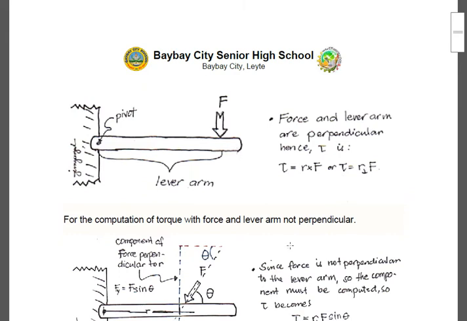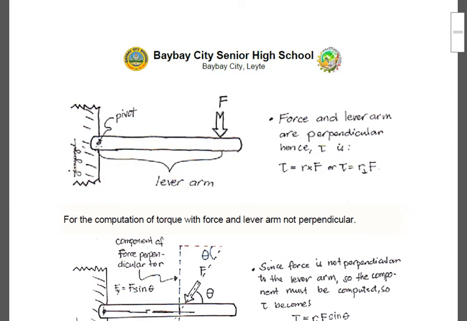Here is the equation for torque: tau is equal to r cross F. The concept of the first condition is quite easy relative to the second condition, so we are going to have the second one first.